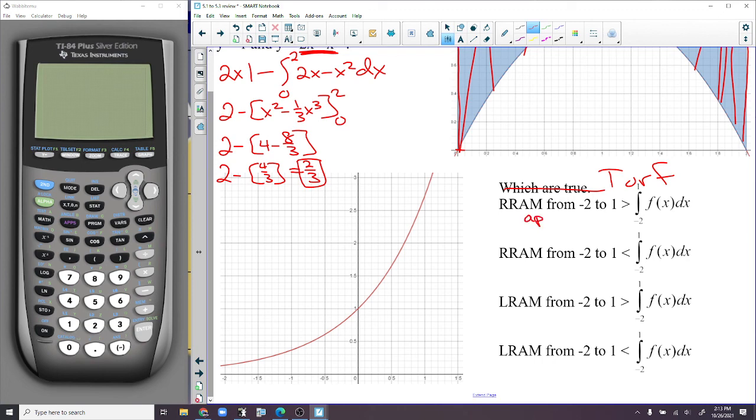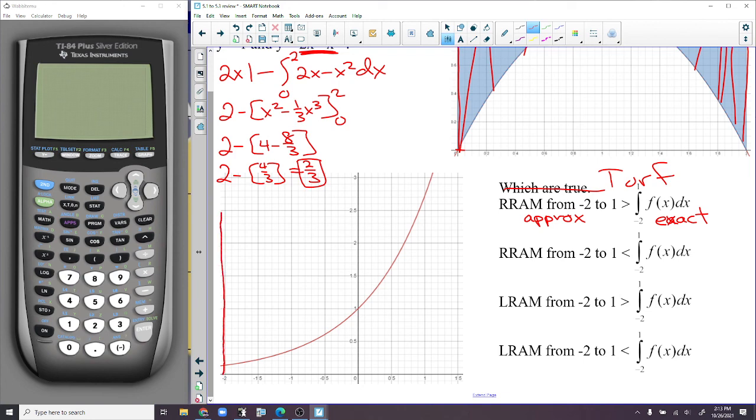So this side, the approximation, is greater than the integral from -2 to 1. Now the integral from -2 to 1 represents the exact value of the area under the curve. So in other words, if we use RAM, will we have an underestimate or an overestimate? Well, what we can do is just use one big rectangle.